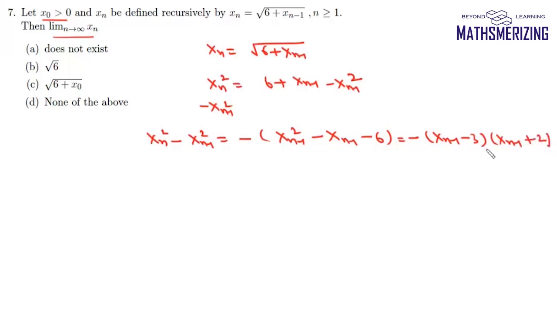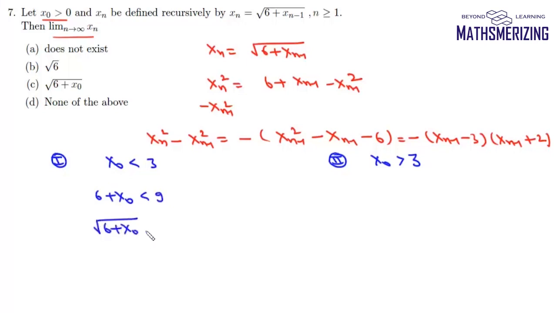Now here the critical points are 3 and minus 2, and since x naught is greater than 0, we'll take two cases. Case 1, if x naught is less than 3, and case 2, if x naught is greater than 3. Now if x naught is less than 3, then if we add 6, 6 plus x naught will be less than 9, that is, under root of 6 plus x naught will be less than 3. We can write x1 will be less than 3, and using the same iteration we can write xn will be less than 3.